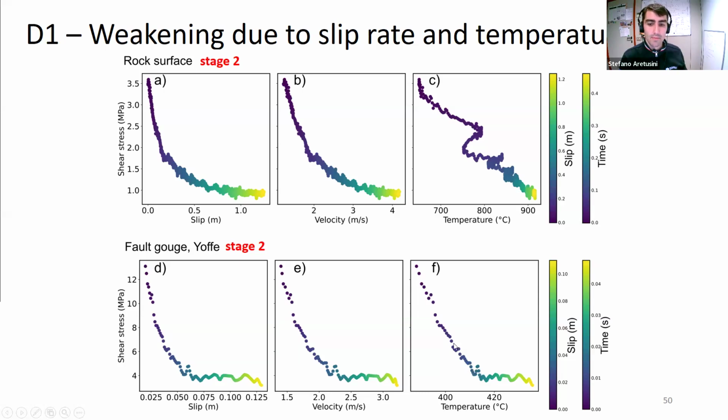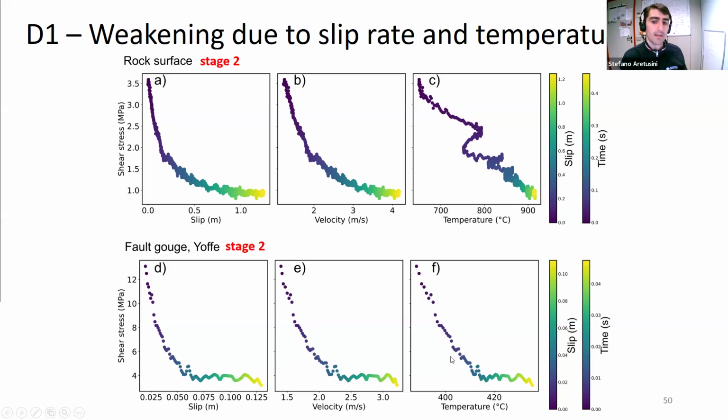So maybe if we are a bit closer with the starting temperature, we could see that those processes are promoted, and probably weakening could be promoted a bit. But at the same time, if the material is already very weak, and we are not fast enough, so slip rate is not fast enough, maybe we could achieve some sort of equilibrium and have a small temperature increase because the material is already quite weak.